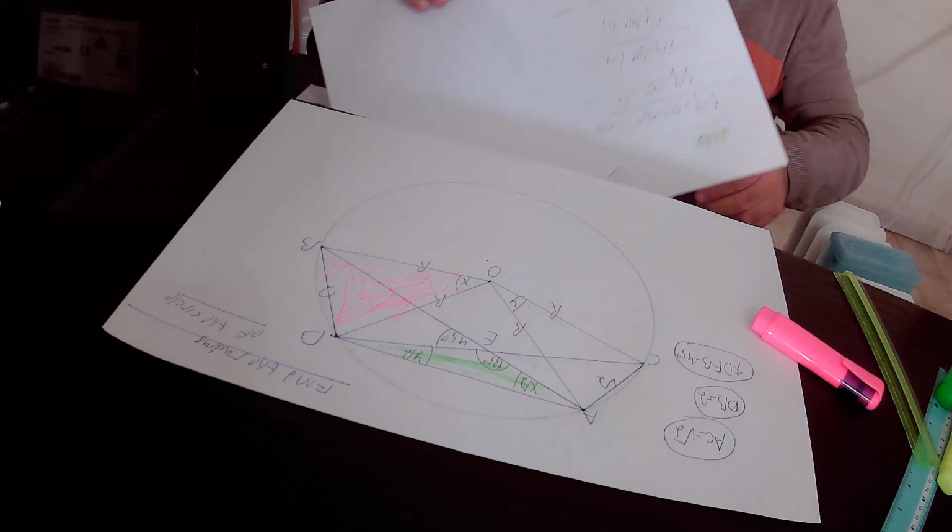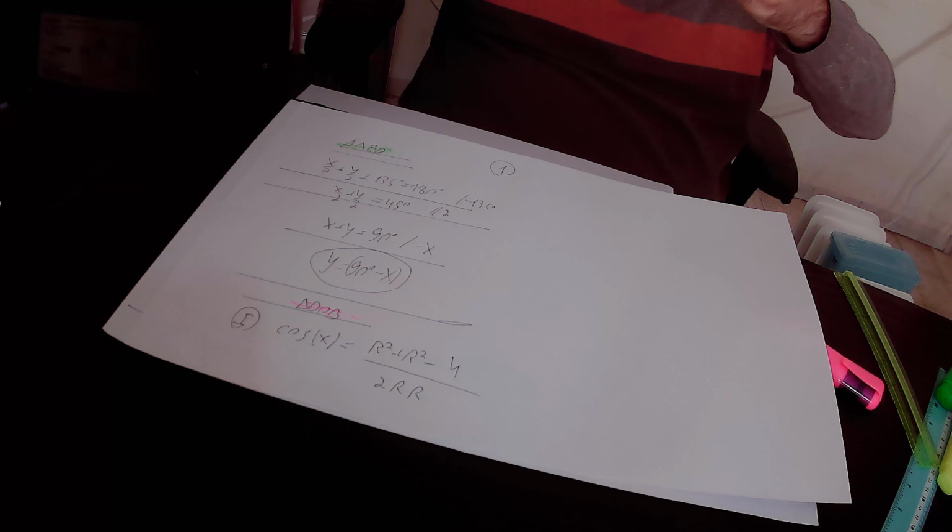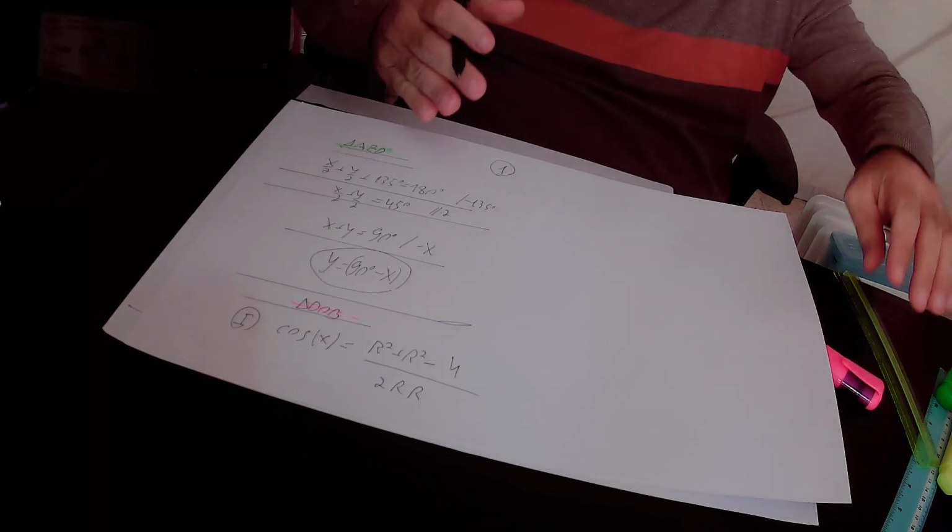Repeat again, in the pink triangle, triangle DOB, according to the law of cosines, cosine x equals r squared plus r squared minus 4 over 2 times r times r.